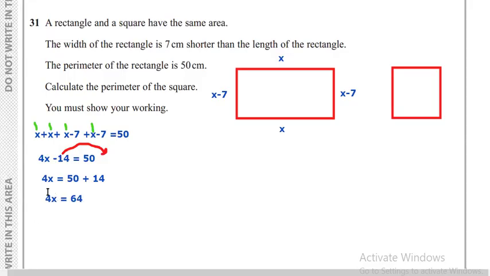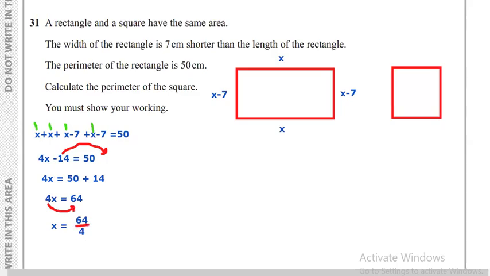Now, I want to find x. The 4 is multiplied by the x. So what do I do? Very good. Take it to the other side by dividing. If it's multiplied, take it to the other side by dividing. If it's divided, take it by multiplying. So now, x will equal what? Very good. 64 divided by 4, like this.